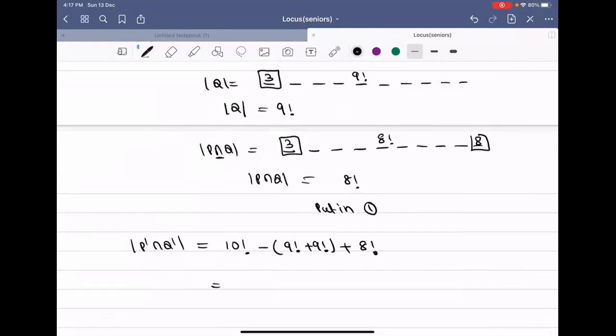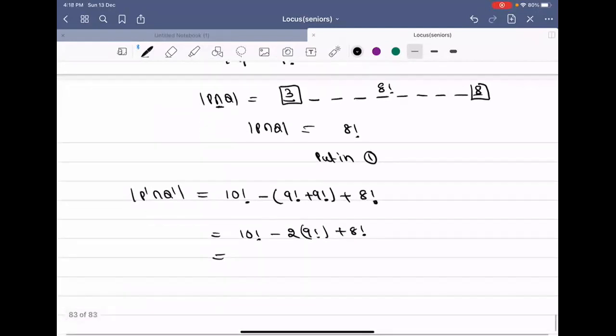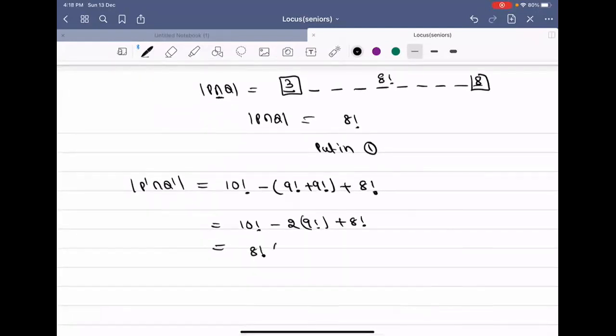So then calculate by the same method: 10 into 10 factorial minus 2 times 9 factorial plus 8 factorial. From all these things, you can take out 8 factorial common. If you take out 8 factorial common, in the first one, you are left with what? 10 times 9, that is 90, minus 2 into 9, that is 18, plus 1.